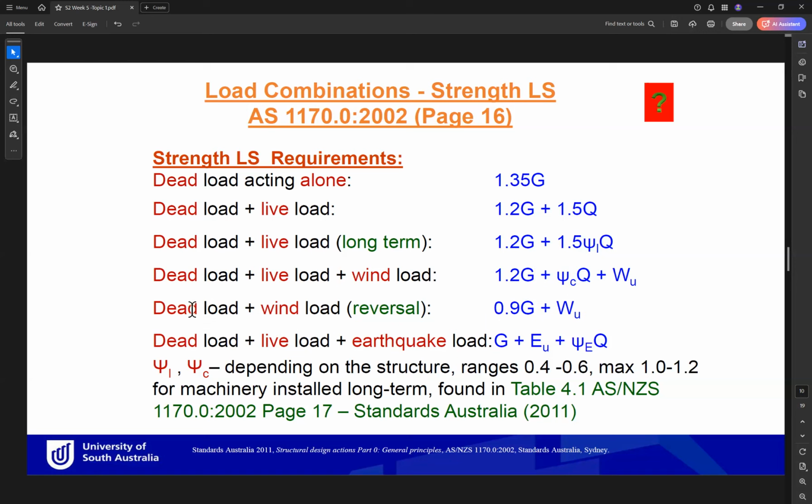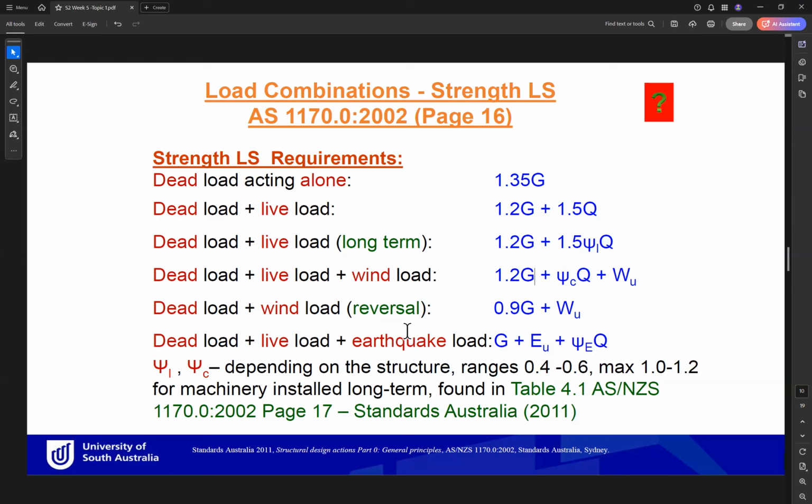The fifth one is dead load and wind load reversal. The wind load can be applied in two directions. One of them is pushing into the element, which is called compression. The other one is pulling, or suction, on the element, getting out away from the element.